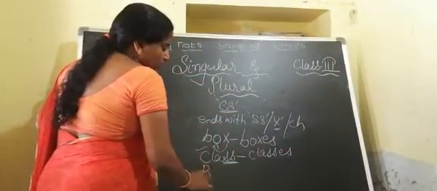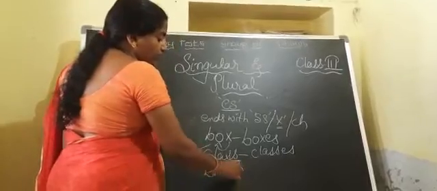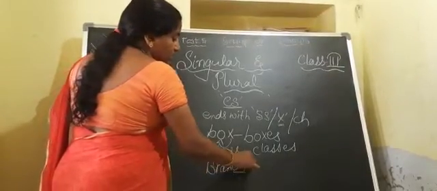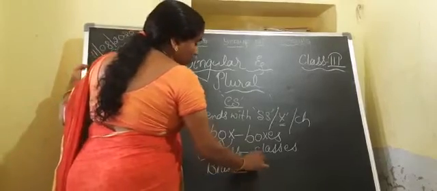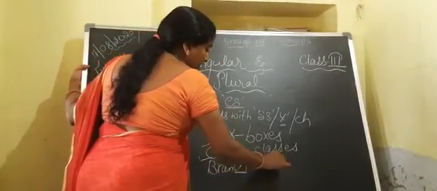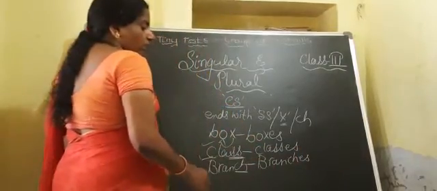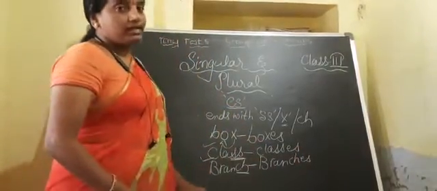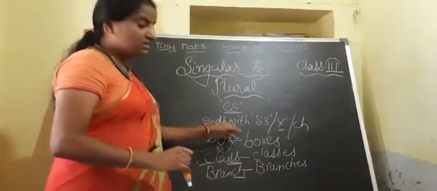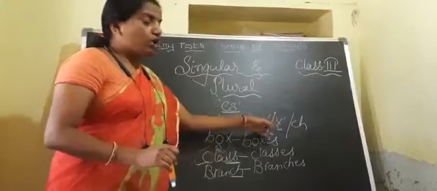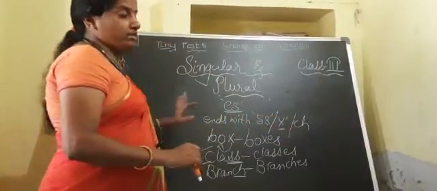Next word, children, branch. If you observe the given word, it ends with ch. To write the plural for this word, we have to add es: branches. Okay, we can say that to write a plural for a word which ends with ss, x or ch, we have to add es.